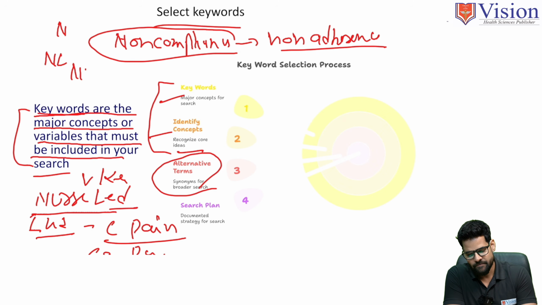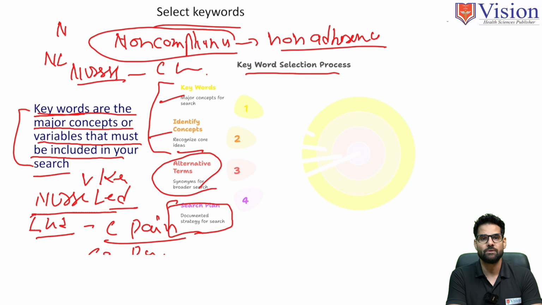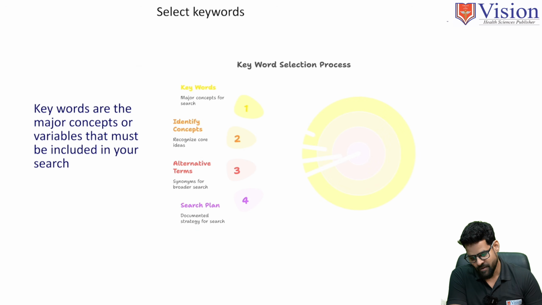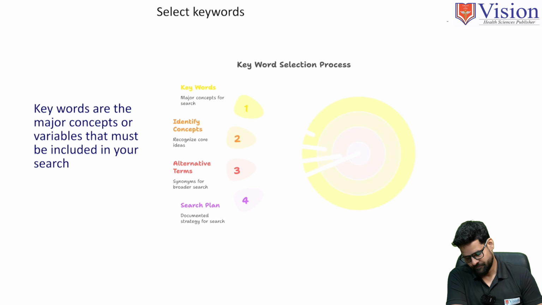Like nurses, then clinical nurses, all that. Search plan, document the search. Whenever you decide about your keywords, please note down what your keywords were. I hope you will remember these four points. Identify the major concepts, alternative terms, always use the synonym term to broaden your search. Sometimes students say that they are unable to find the relevant researches, so please change your terms.